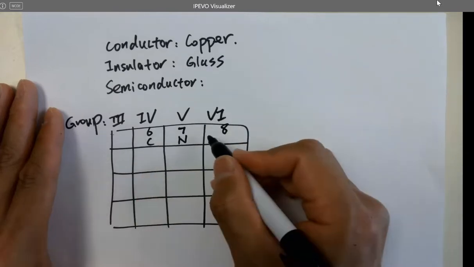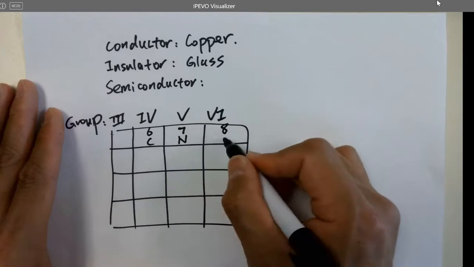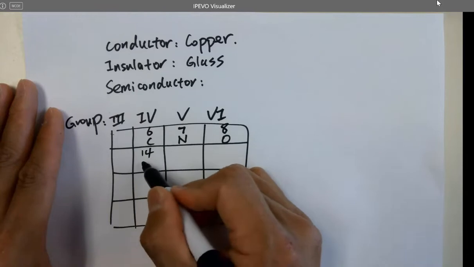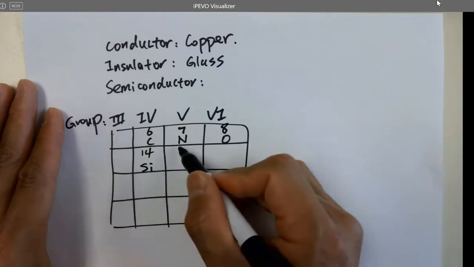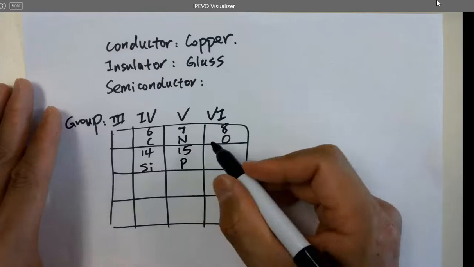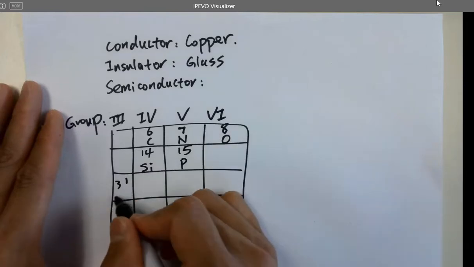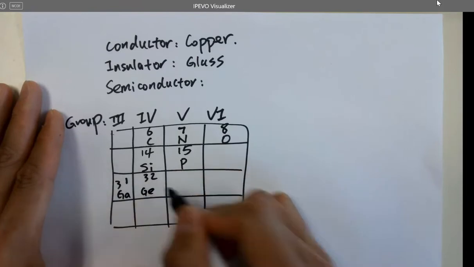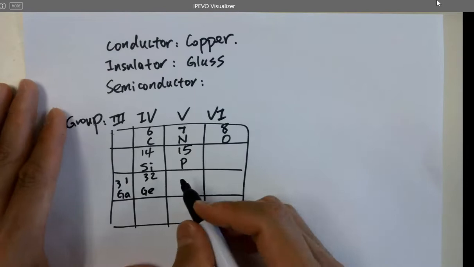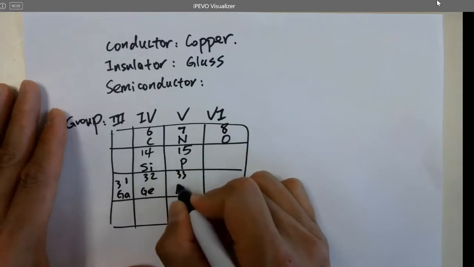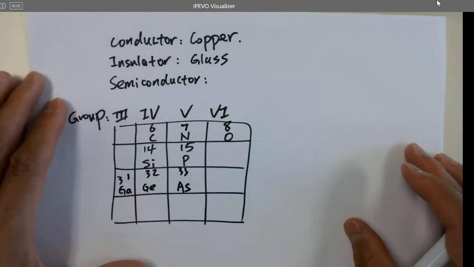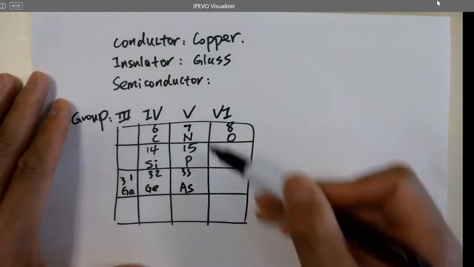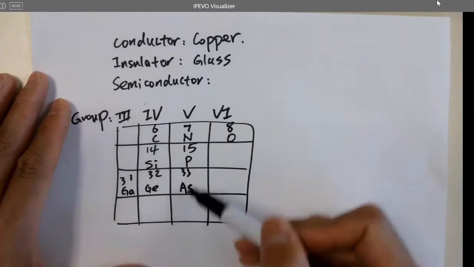Carbon, nitride, and oxygen. 14, that's silicon. 15, phosphorus. 31 is gallium. 32, germanium. Remember how to pronounce it. 33 is arsenide. So these are semiconductor materials, usually groups 4 and 5.